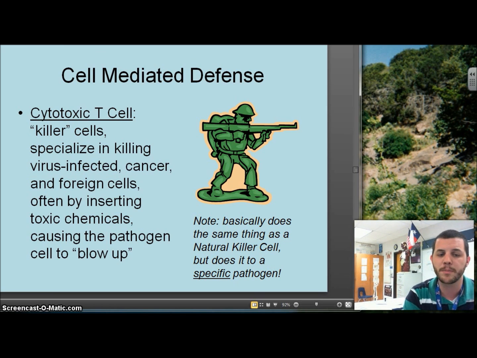These are going to be specific in killing virus cells, cancer cells, things like that. Okay, and what they're going to do is it's similar to natural killer cells. They're going to insert chemicals, and when they insert those chemicals, it's going to cause the cell to be destroyed.